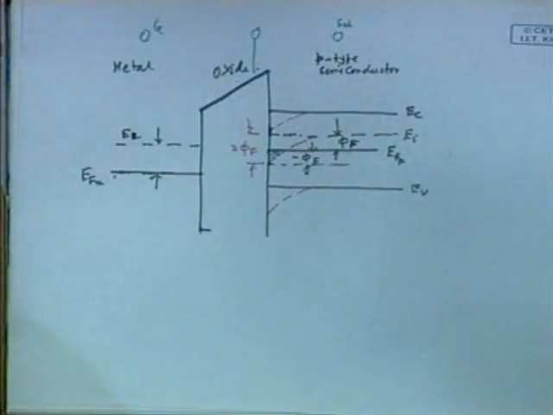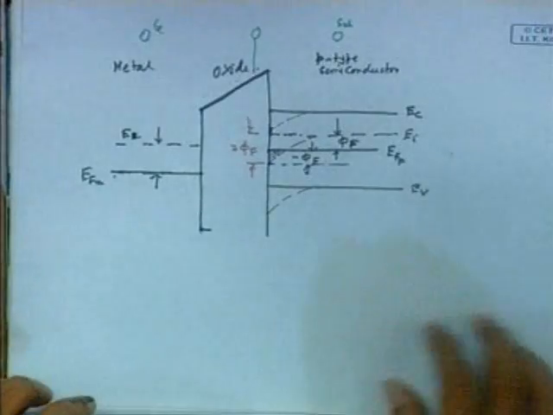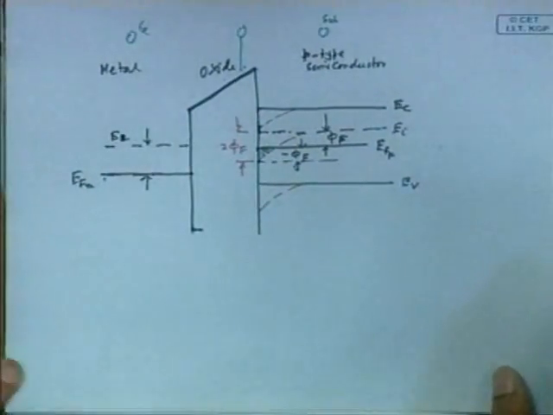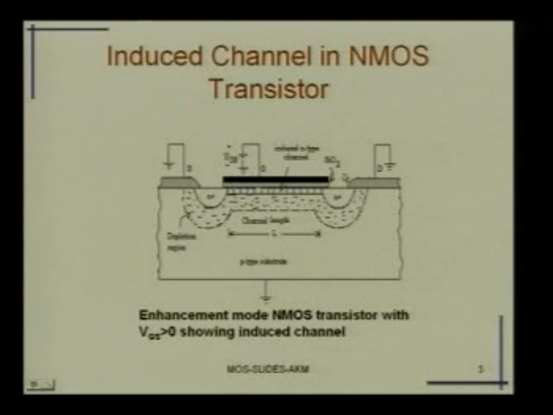That is how, from the band diagram point of view also, you can understand why the channel is formed. The channel is formed as a consequence of the applied potential.